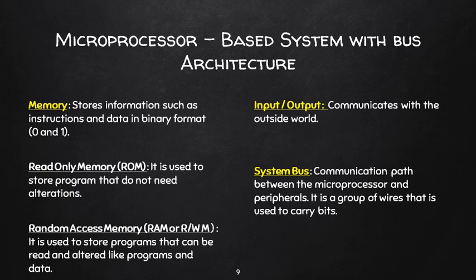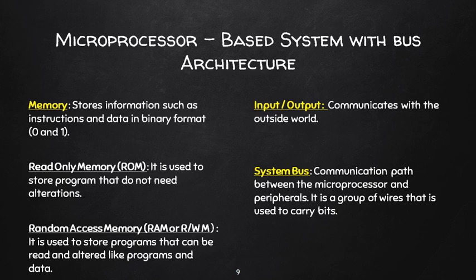Another important component of a microprocessor-based system is input-output. It communicates with the outside world. Input-output includes two types of devices, that is input and output. These I/O devices are also called peripherals. Input devices such as keyboard, switches and analog to digital converter transfer binary information from the outside world to the microprocessor, whereas output devices transfer data from the microprocessor to the outside world.